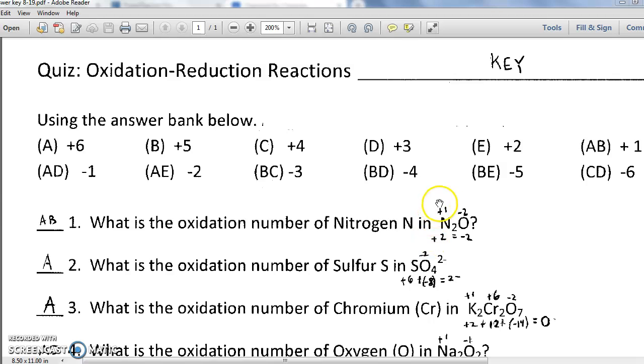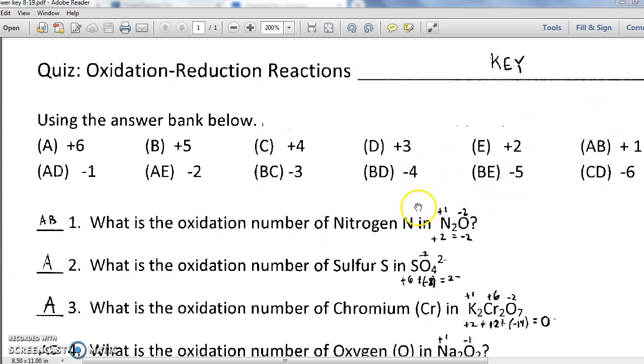Very often we write the total charges on top, and the individual charges directly above the atoms on the line underneath, but it can also be down here. So if we have one oxygen at -2, the nitrogens must add up to +2. We have 2 nitrogens adding up to +2, which means each nitrogen must be assigned an oxidation number of +1.